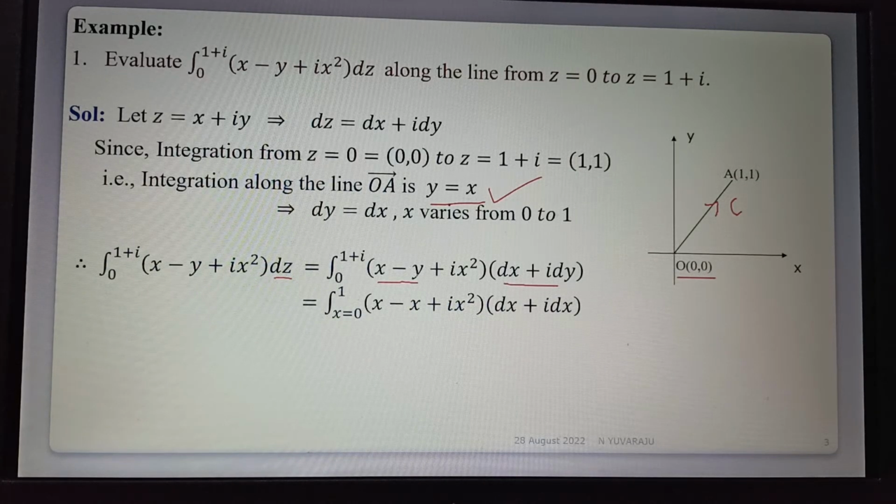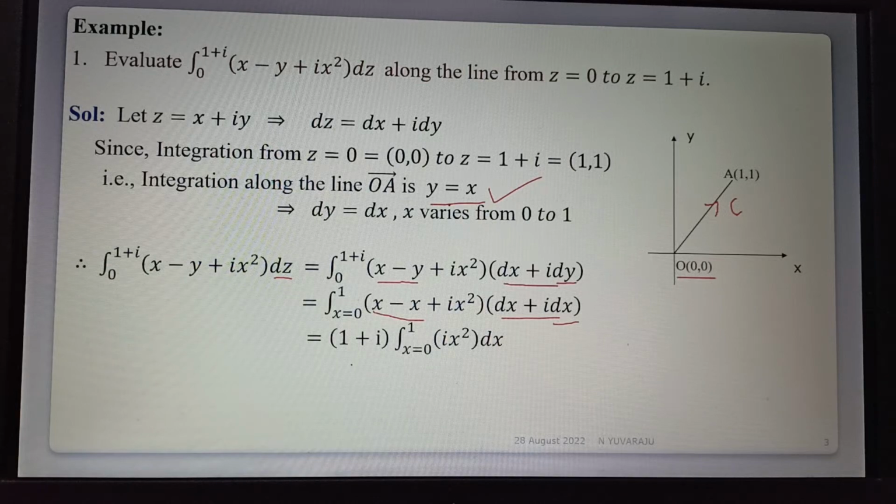In place of x minus y we have x minus x, and in place of dx plus i dy we have dx. Now simplification: x minus x cancels, remaining i x squared into dx.